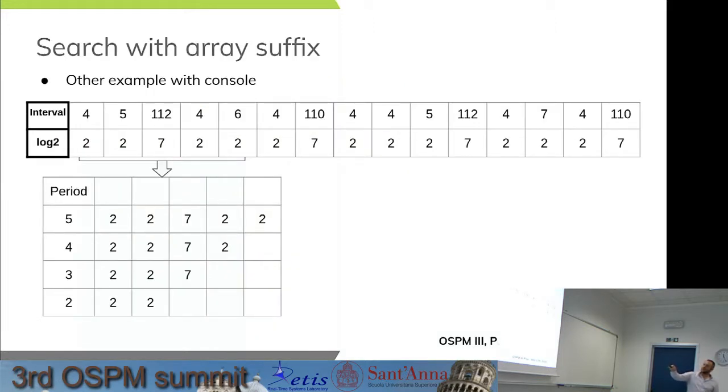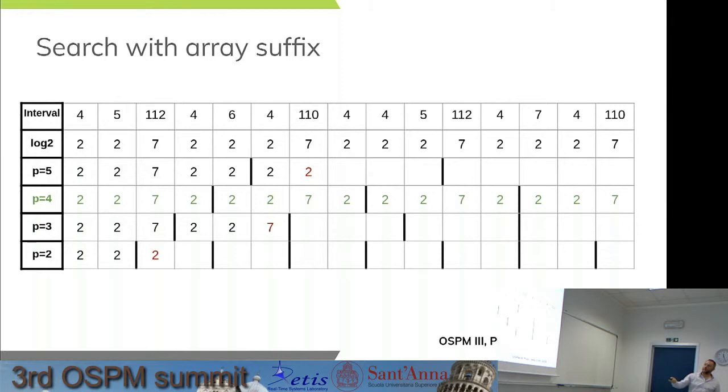In this example, we have another set of intervals. We compute log2 here, and from there we compute the period. In the code, we chose a maximum period of 5 and a minimum period of 2. Then we try to find if the period fits every time in the array, in the buffer.